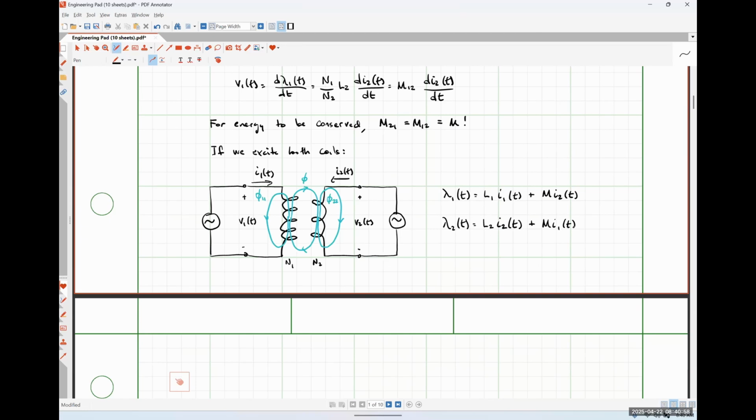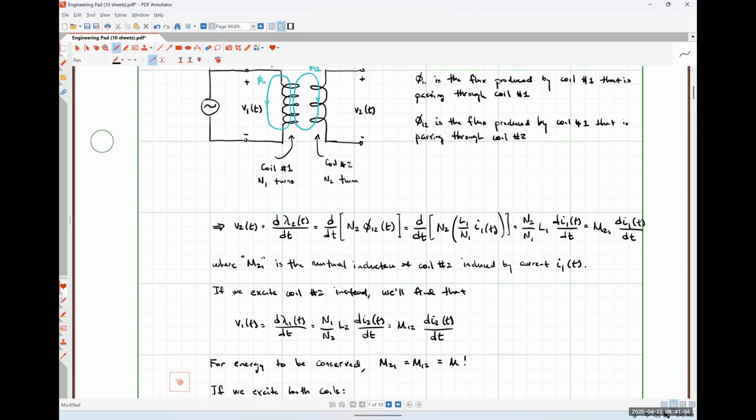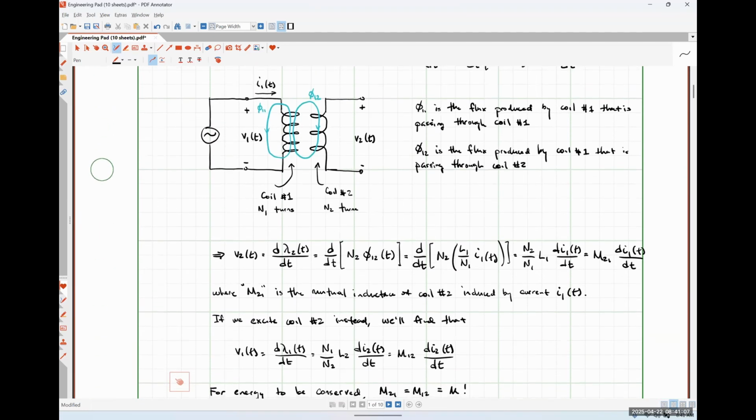I just want to be clear about this. Up here, we saw that our induced voltage V2 was only dependent on our mutual inductance multiplied by the derivative of our current I1, right?